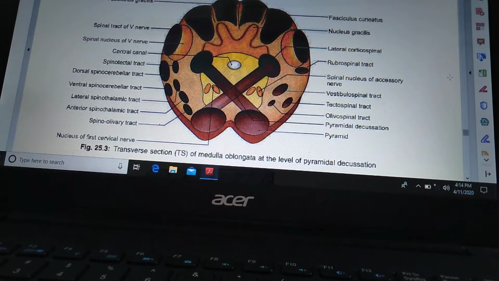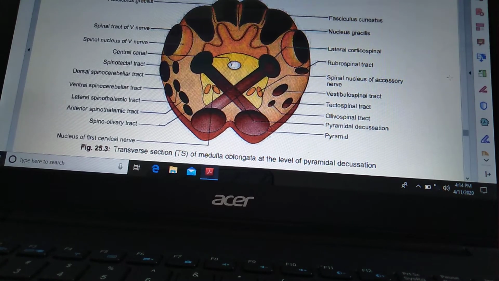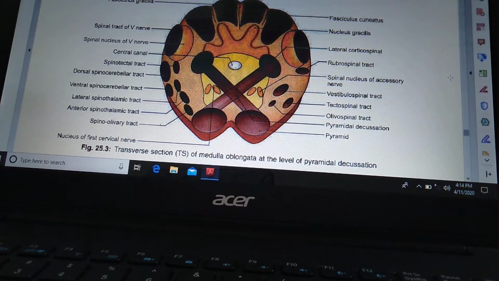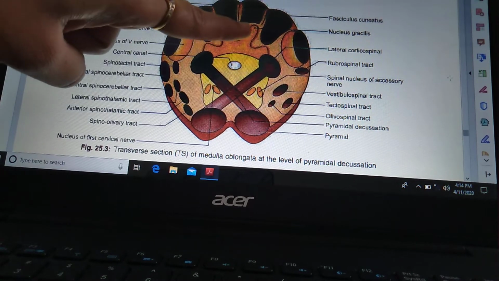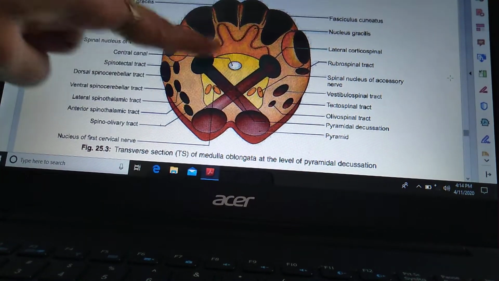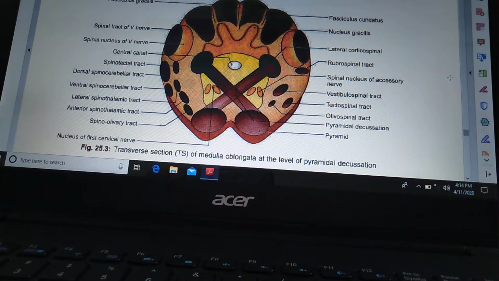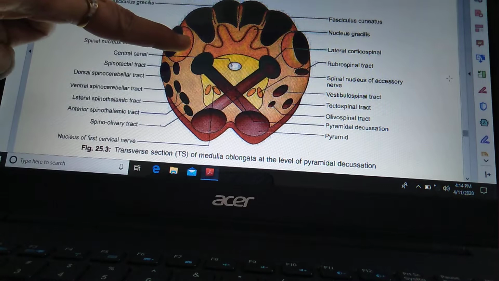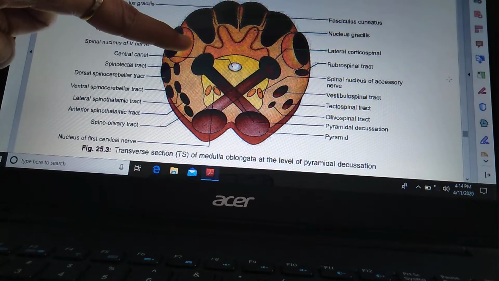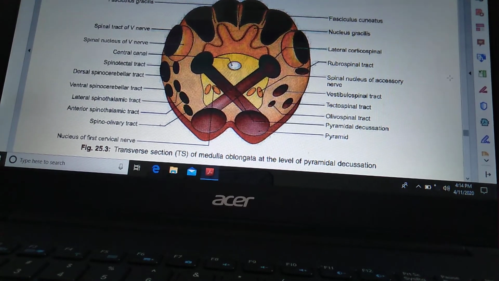The central gray matter with the central canal is pushed backwards. The nucleus gracilis and nucleus cuneatus are continuous with the central gray matter. You can see here, it is continuous with the central gray matter. Laterally, the central gray matter is continuous with the nucleus of the spinal tract of the trigeminal nerve.